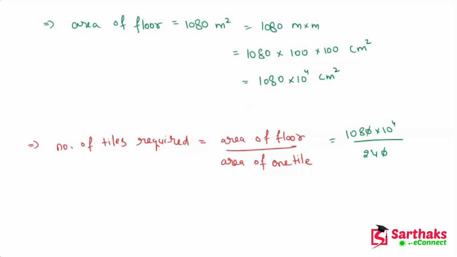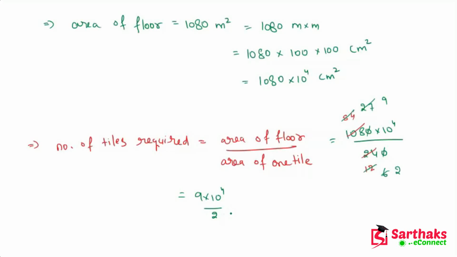Okay, now here we can divide 108 by 2 in 54 times, and we can divide 24 by 2 in 12 times. And we can divide 54 by 2 in 27 times, and we can divide 12 by 2 in 6 times, and we can divide 27 by 3 in 9 times, and we can divide 6 by 3 in 2 times. So here we have 9 into 10 raised to power 4, and it is divided by 2, and it is divided by 2.